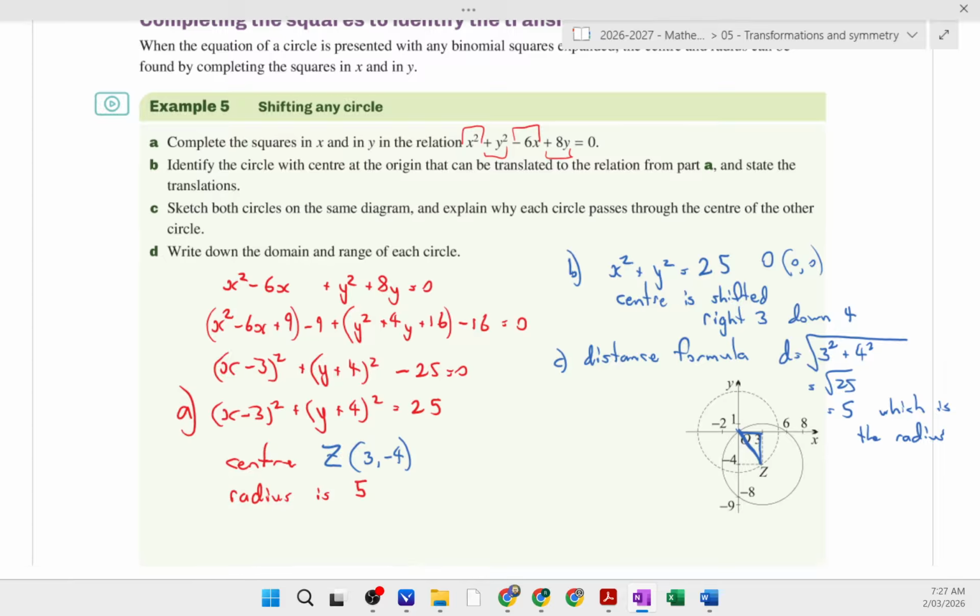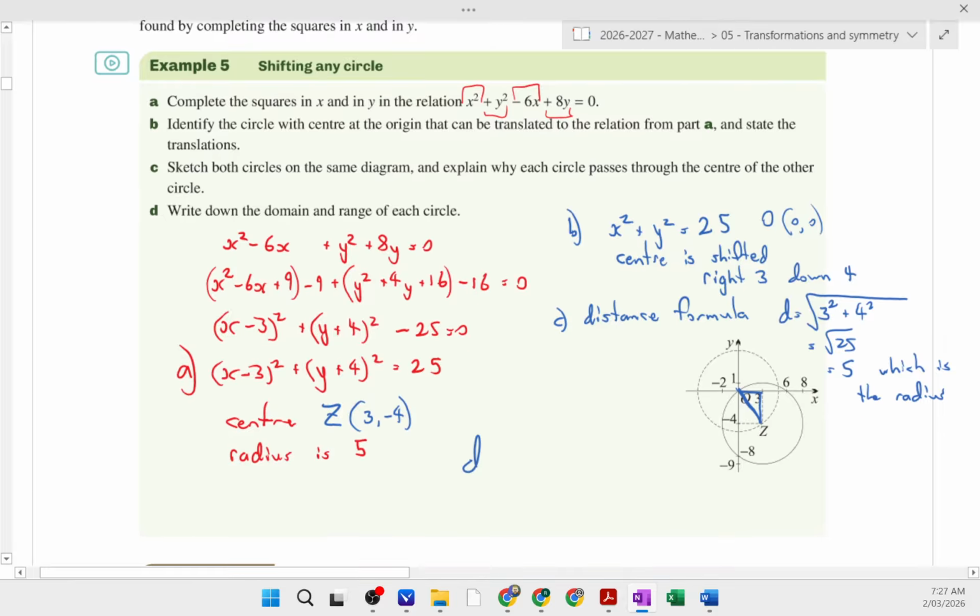Question D, write down the domain and range for each of the circles. All right. For circle O, center at origin, the domain: what values of x? We've got -5 ≤ x ≤ 5, and the range is -5 ≤ y ≤ 5.